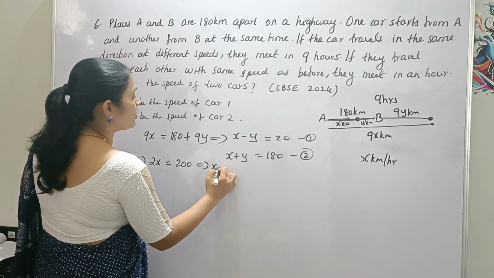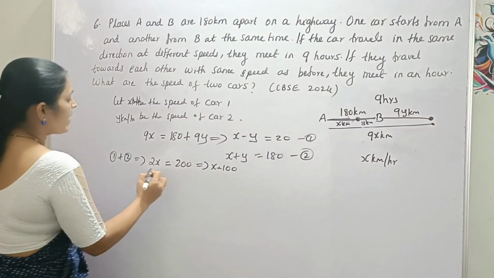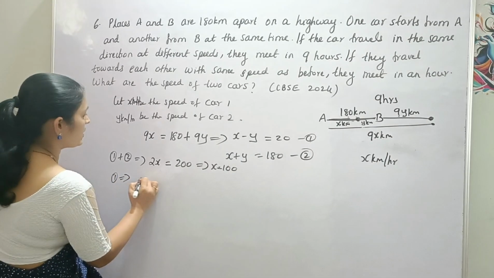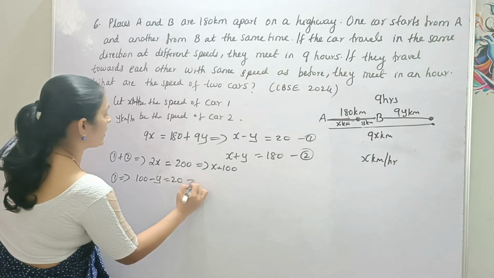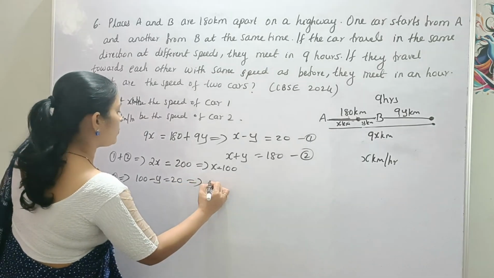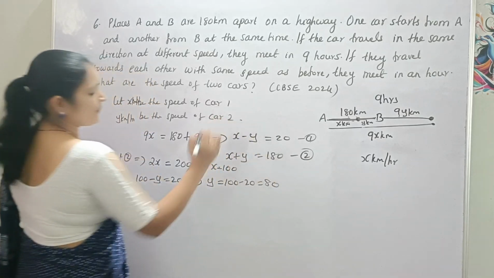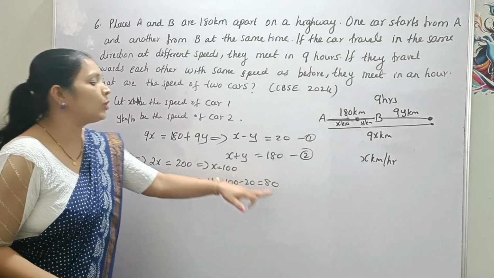That implies x is equal to 100. And what is y? Equation 1 gives 100 minus y is equal to 20. That implies y is equal to 100 minus 20, that is equal to 80. Now we have got x is equal to 100, y is equal to 80.